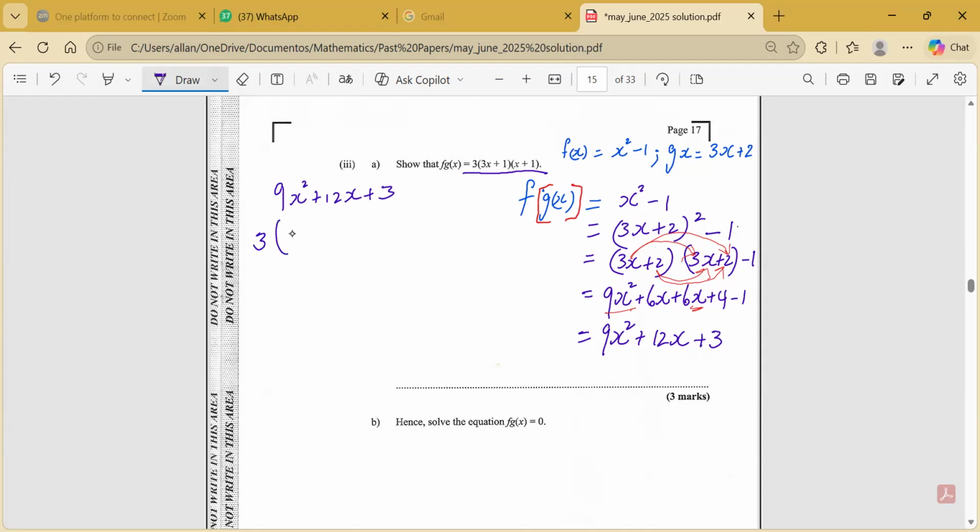So 3 into that is 3x squared plus 4x plus 1. If you multiply 3 by this, you'll get 9x squared, 3 by 4x, 12, 3 by 1, 3. So you're just factorizing this. So it's 3x squared plus 1x plus 3x plus 1.